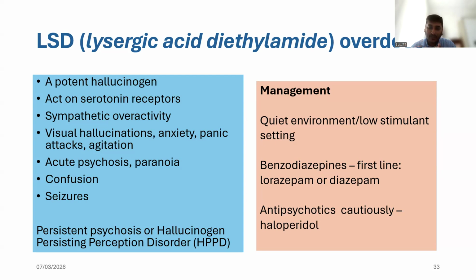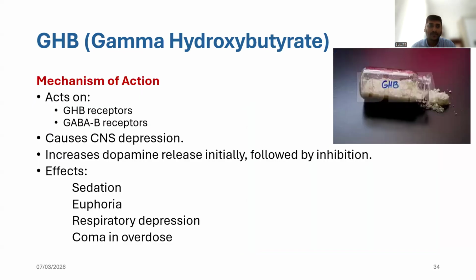If patients come with agitation and hyperactivity, benzodiazepines will be useful. And for hallucinations and delusional behavior, antipsychotics will be useful. But the advice is to keep them in a quiet environment with a low stimulant setting.